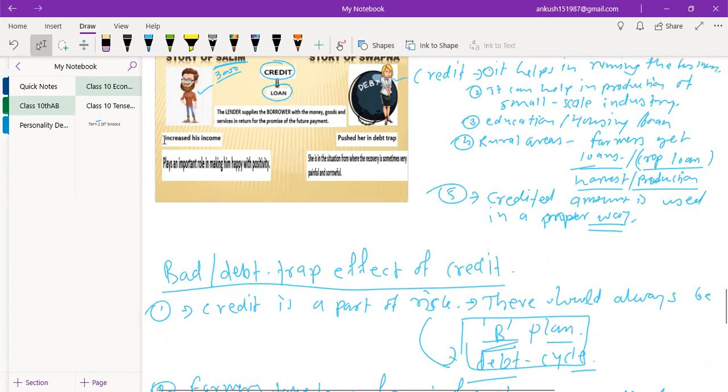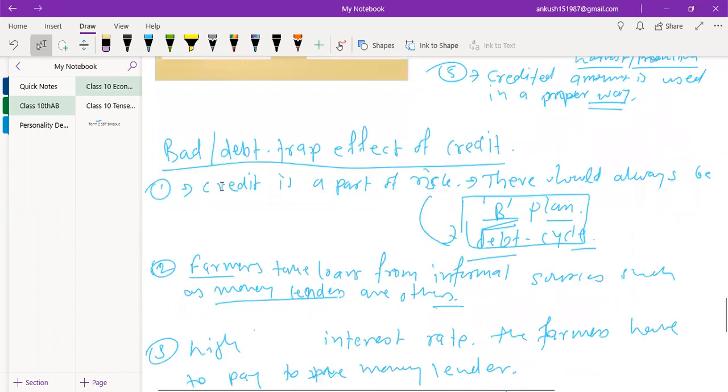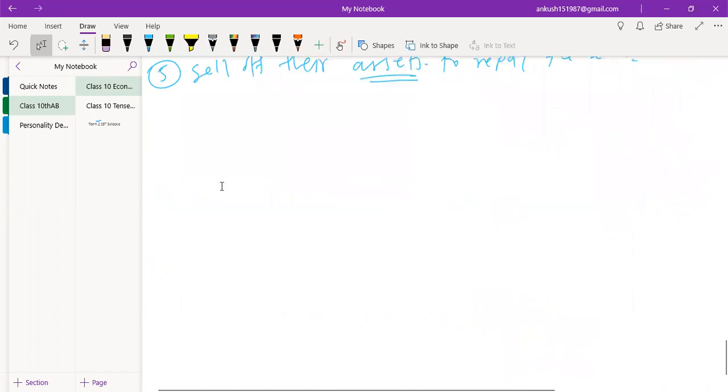If you are fulfilling your commitment and repaying the amount you have credited from the bank or other sources, it may increase your income and make you happier than before. So credit is not always a bad thing, but it is bad whenever you are not able to repay it on time.